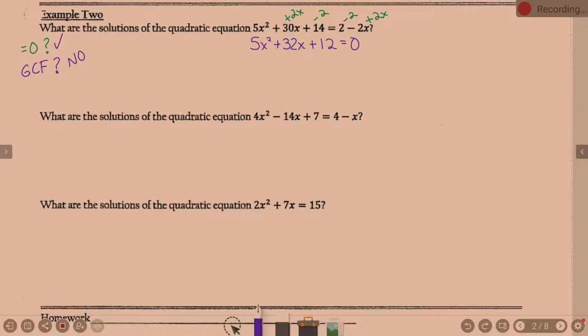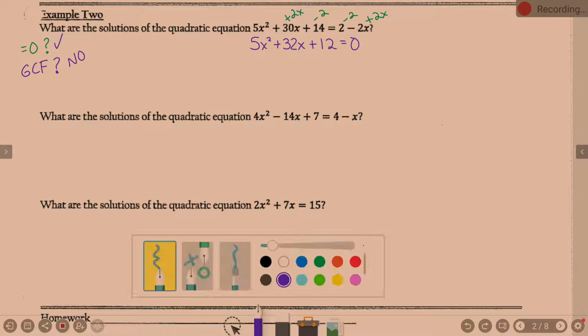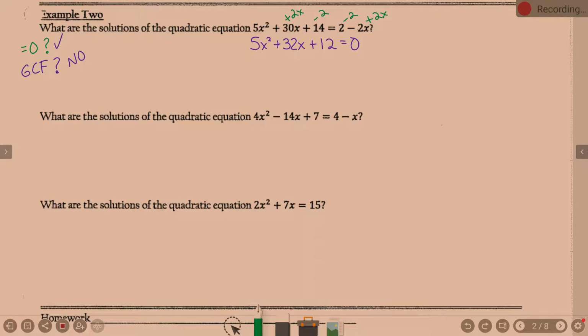What kind of factoring are we going to have to do here? Product of AC. Okay. And why are we having to do product of AC? Because there is an A value other than 1. So when we have an x squared term that has a value, so ax squared plus bx plus c, we're doing product of AC. So I'm going to have to walk you through this, guys.